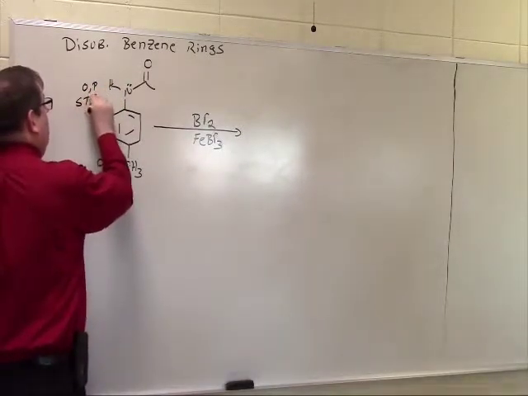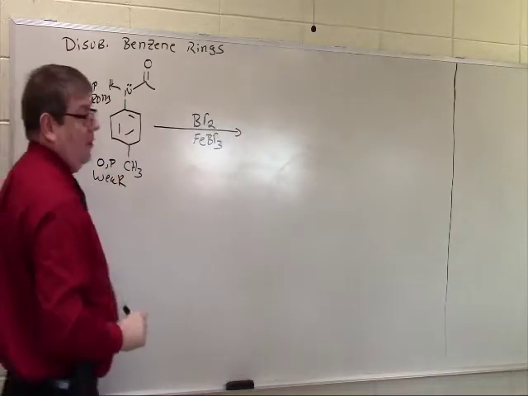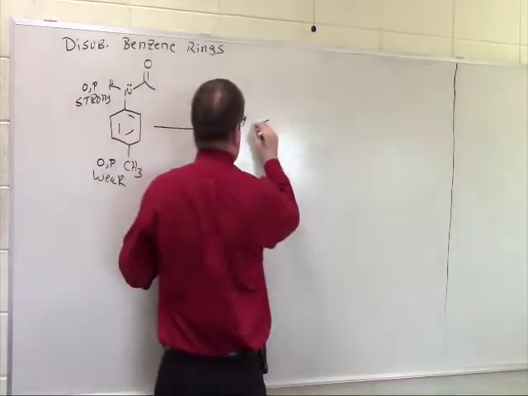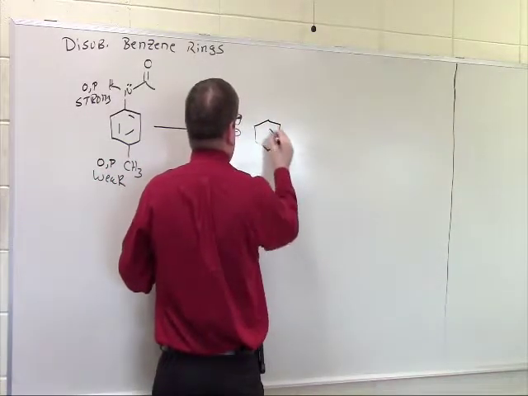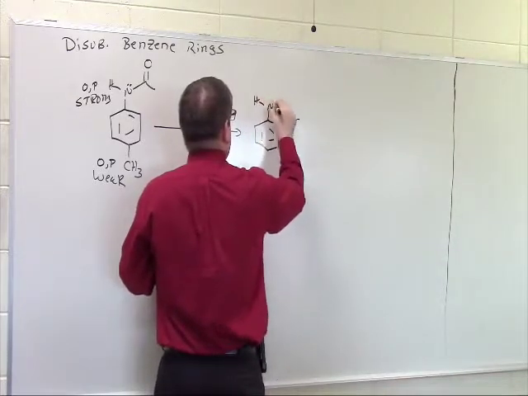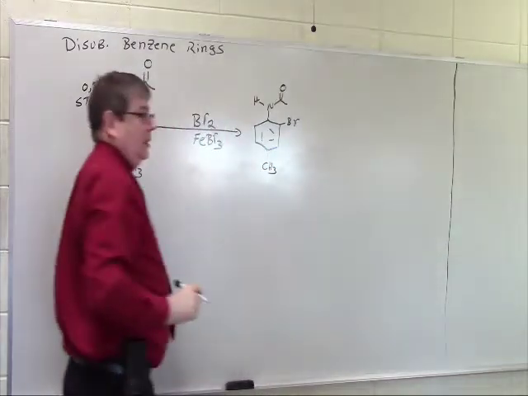So this is strong, this is weak. So where am I going to put the bromine? Next to it, right? And I'm going to end up with my bromine right there. And end up with that product.